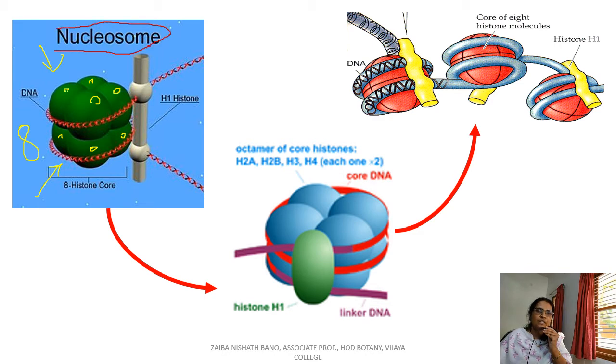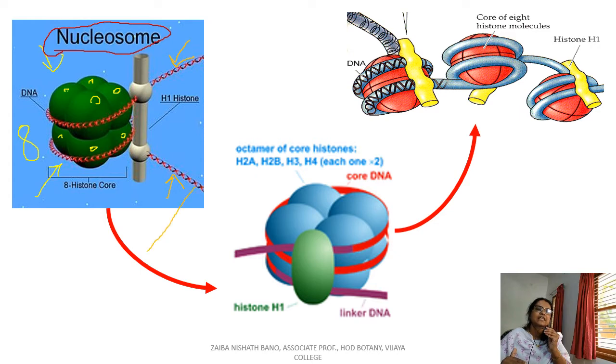Over these 8 units of the histones, which are compactly held, you have two rounds of the DNA. You can see the red colored DNA forming two spirals. The DNA runs over it in two spirals and comes out. The DNA that comes out is called the linker DNA.